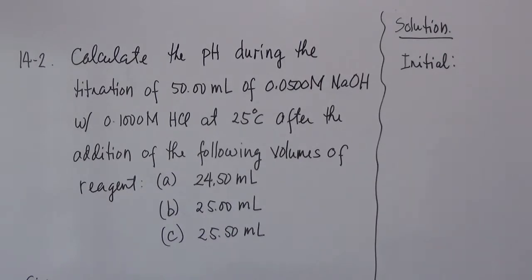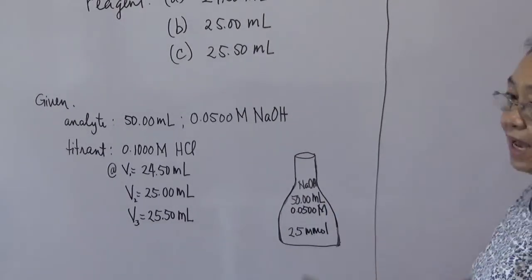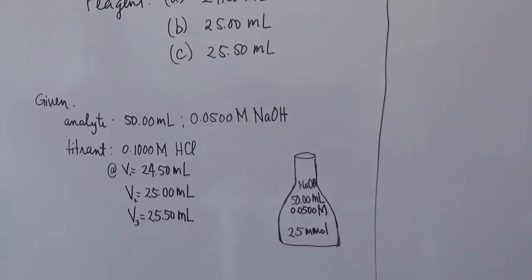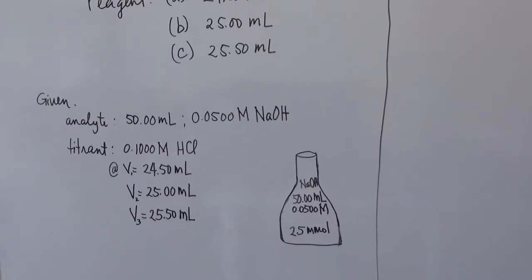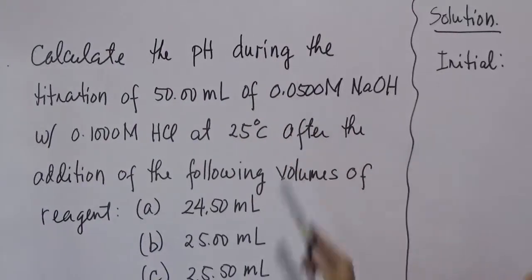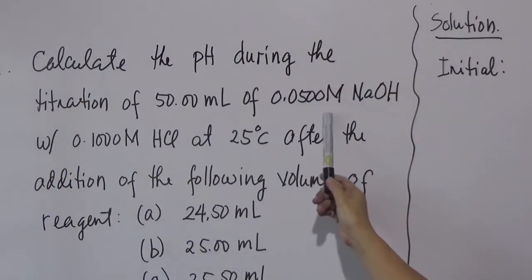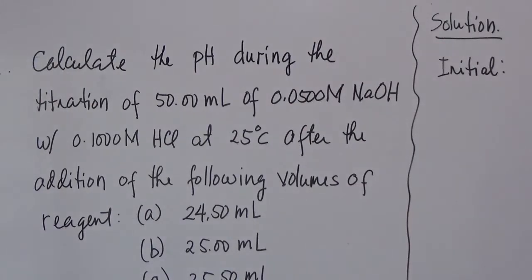The pH there is the pH of the analyte, or the pH of the solution found in the flask. Okay? So we have here the problem for 14.2. We are going to calculate the pH during the titration of 50 ml of 0.05 molar sodium hydroxide.